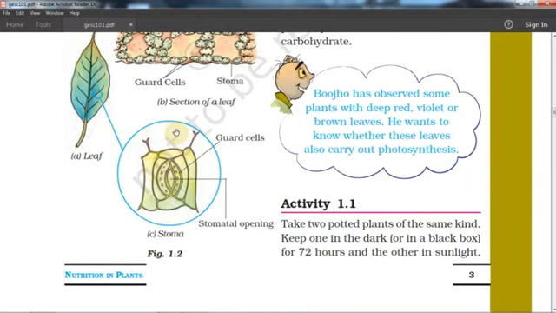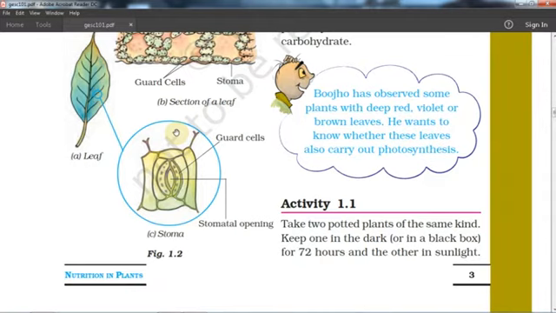So we have seen two broad categories. One was autotrophic and another was heterotrophic. So autotrophic mode of nutrition is what? In which an organism makes its food itself. It is called autotrophic nutrition, which is the main or the basic function of plants.